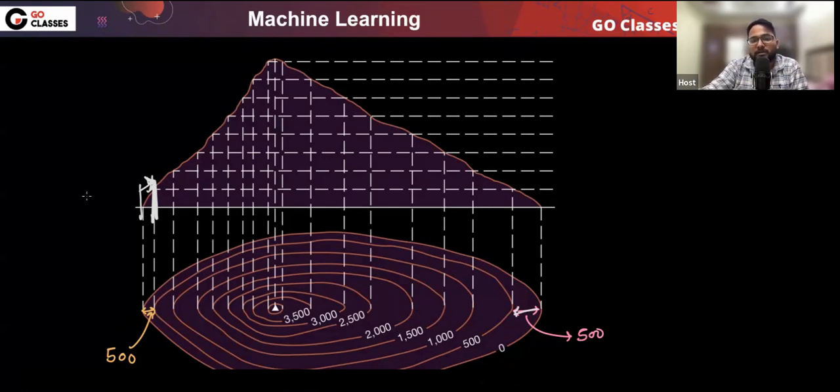Now just imagine that you are not maintaining equally spaced contours, which means sometimes you go from 0 to 1000, and sometimes you go from 1000 to 1500. You are not making the ones in between.